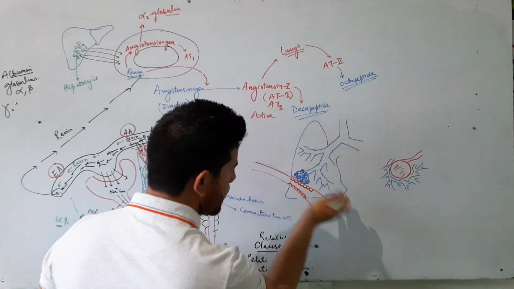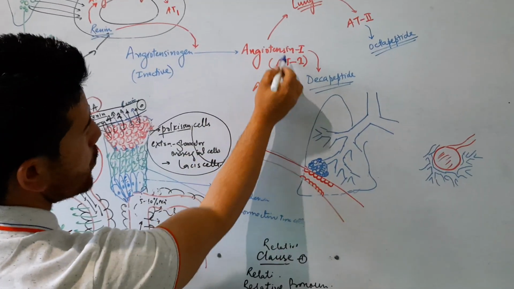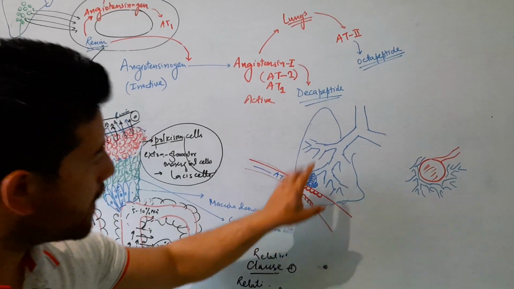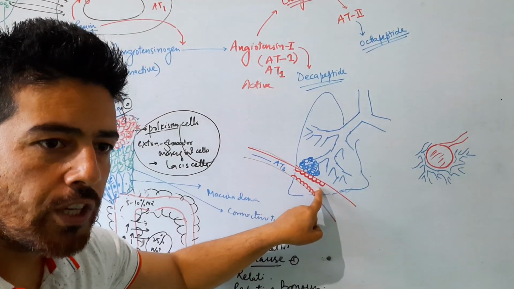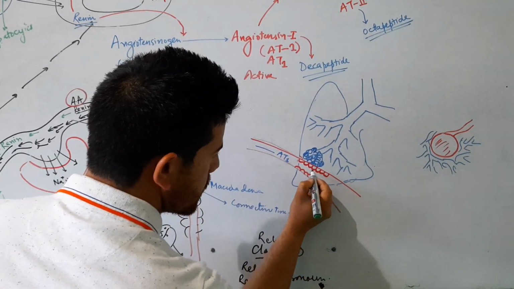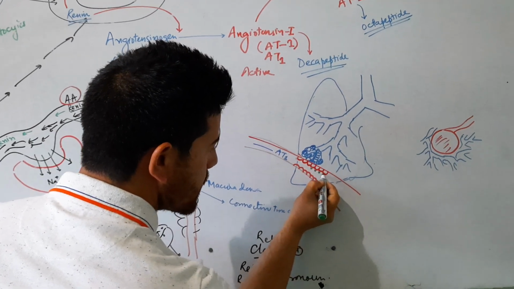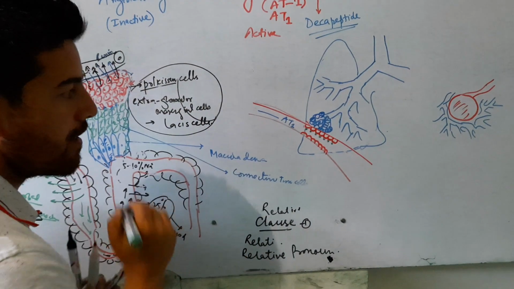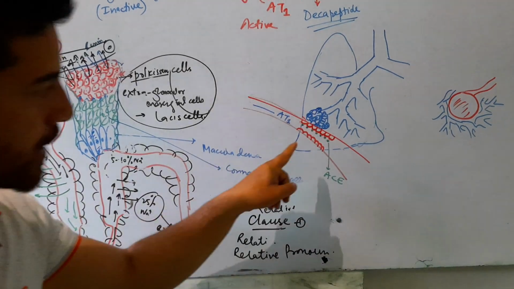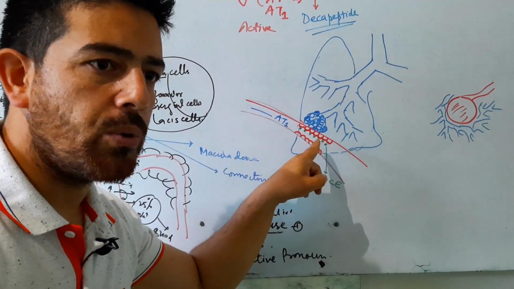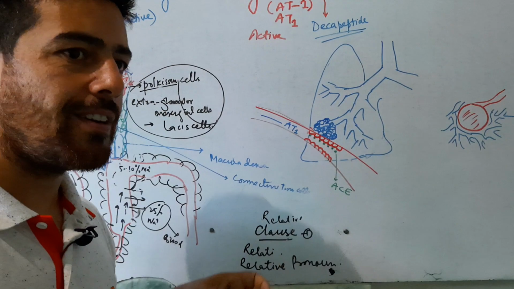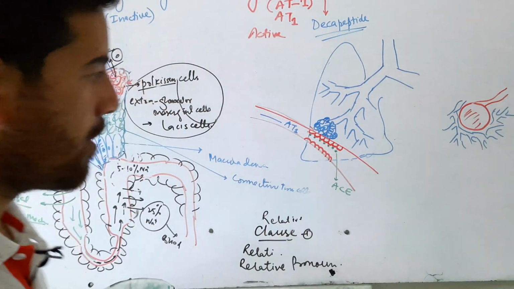So this angiotensin 1 will move toward the lungs, where the capillary endothelium has special types of endothelial cells, and on the outer surface of these cells there is an expression of an enzyme, called ACE. So ACE is not present inside the alveoli, bronchioles or bronchi, no. It is present on the external surface of the endothelial cells of the capillary network or bed.